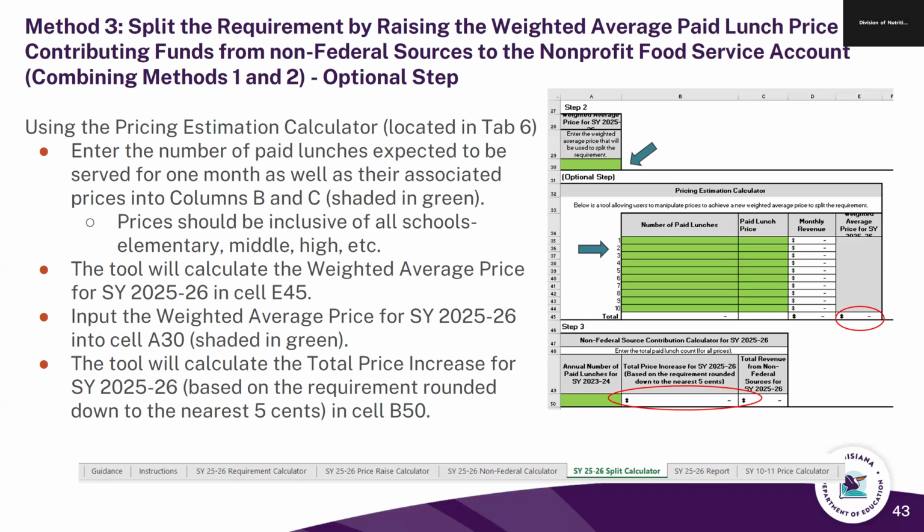SFAs will then input the weighted average price for 25-26 into cell A30, which is shaded in green towards the top of your screen with the arrow. And the tool will then calculate the total price increase for 25-26 school year based on the requirement that's rounded down to the nearest 5 cents into cell B50, which is towards the bottom, that's circled.